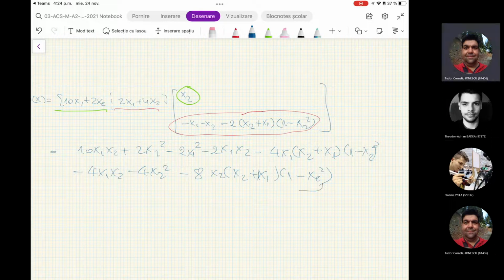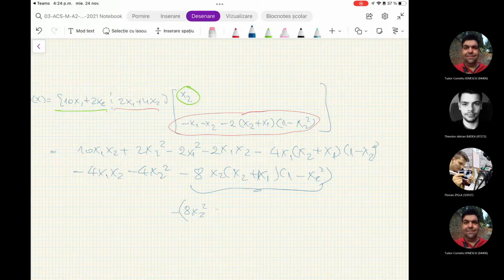So we need to assess this term. So this is here what? Minus 8x2 squared, minus plus 8x2x1 times 1 minus x2 squared.